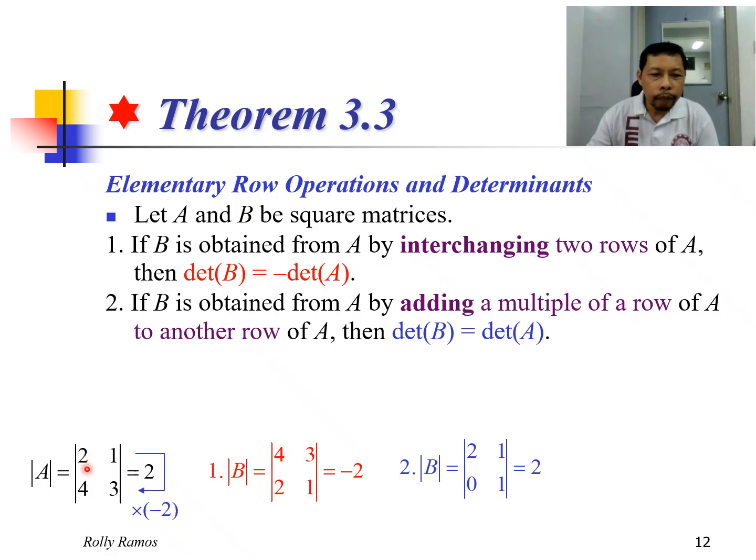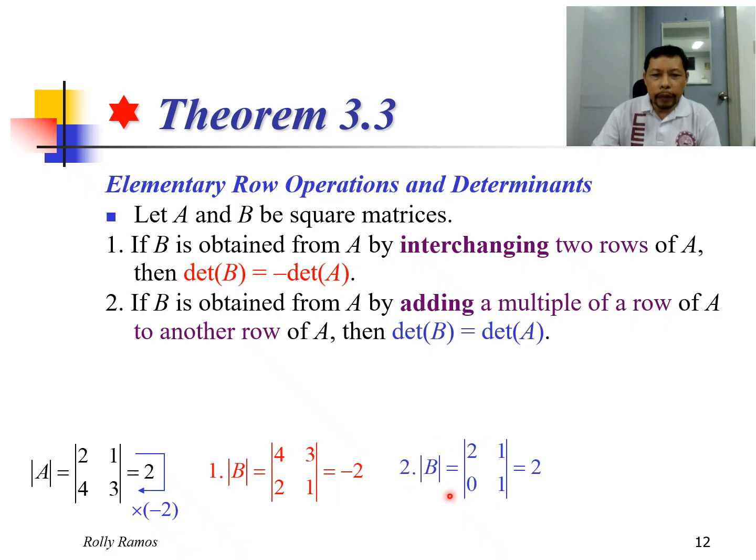We multiply the first row by negative 2 and add it to the second row. So negative 2 times 2 plus 4 is 0. And then negative 2 times 1 plus 3 is positive 1.